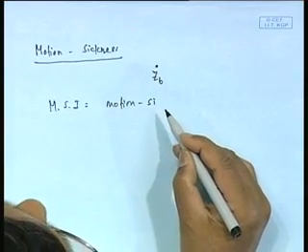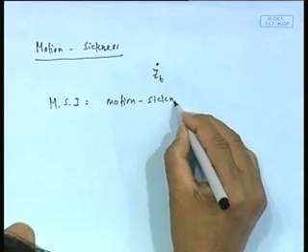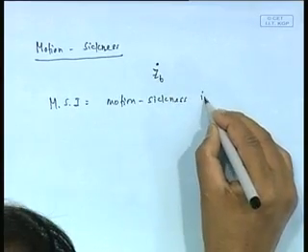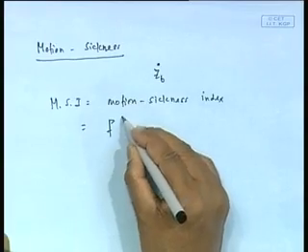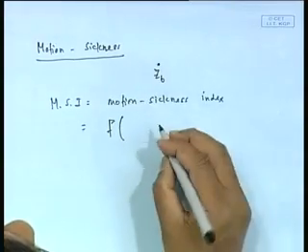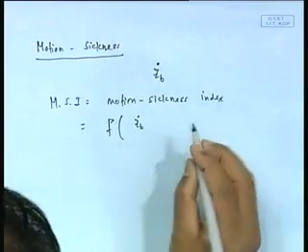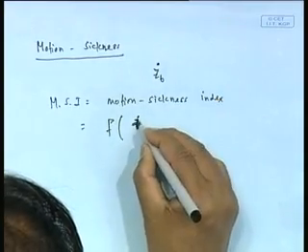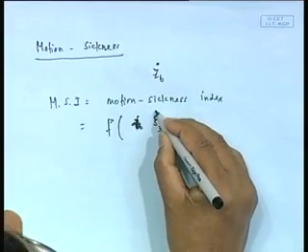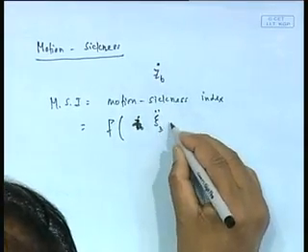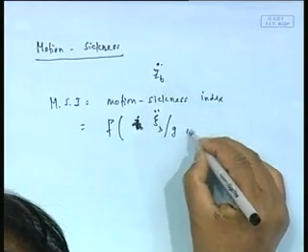This is taken to be some kind of function of ZB double dot, not bow here of course, I should say vertical acceleration, maybe this acceleration divided by g and other quantities.